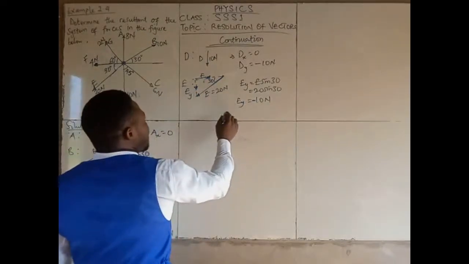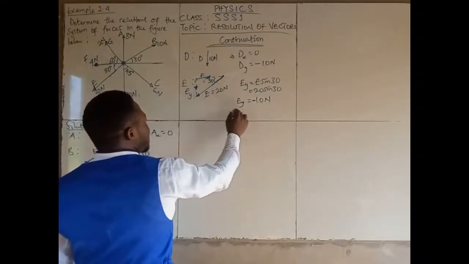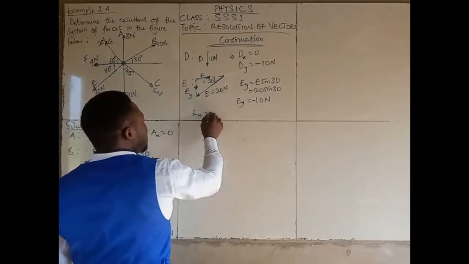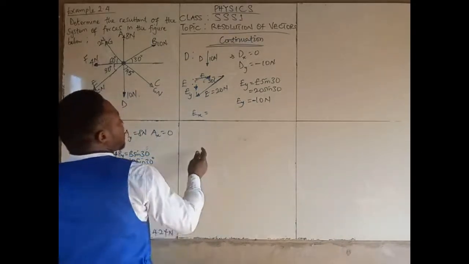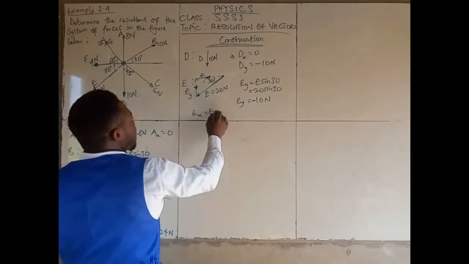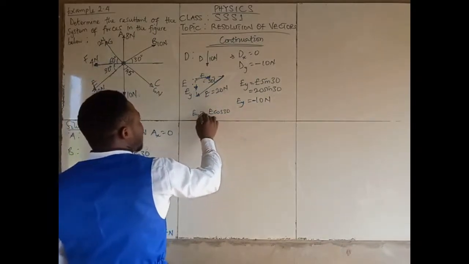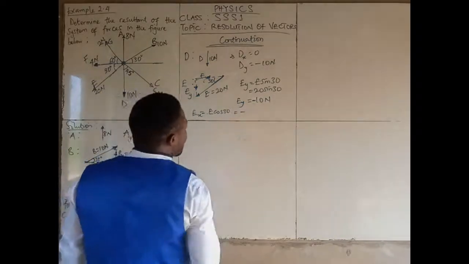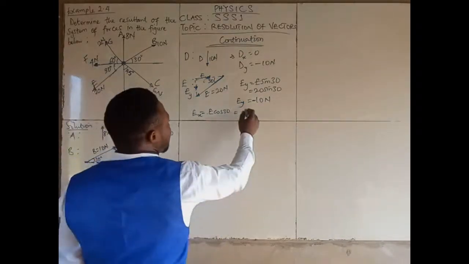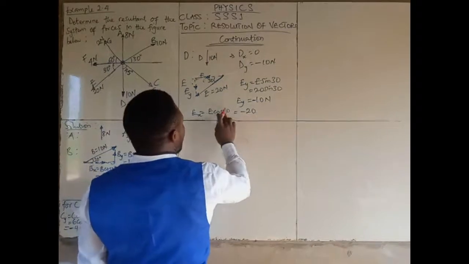Similarly, our EX is equal to E cos 30, and that is also going to be negative, which is going to be minus 20 cos 30.